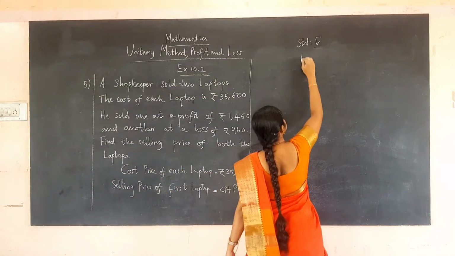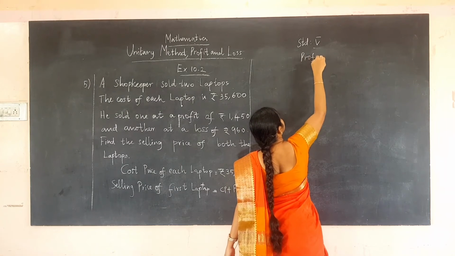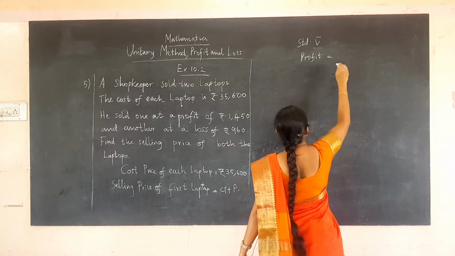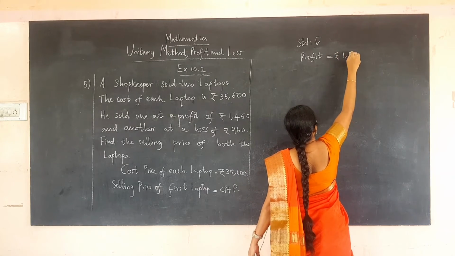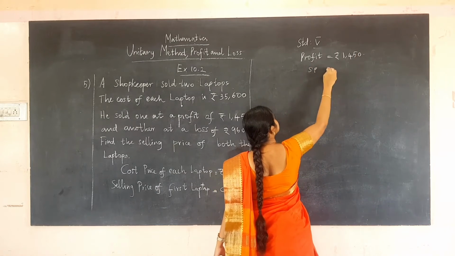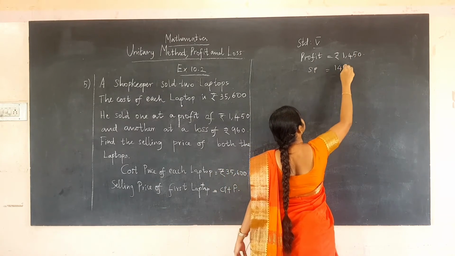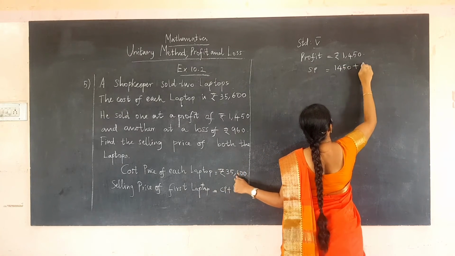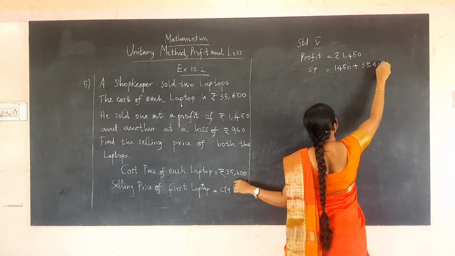Profit is given as rupees 1,450. So the selling price is equal to 1,450 plus the cost price 35,600.